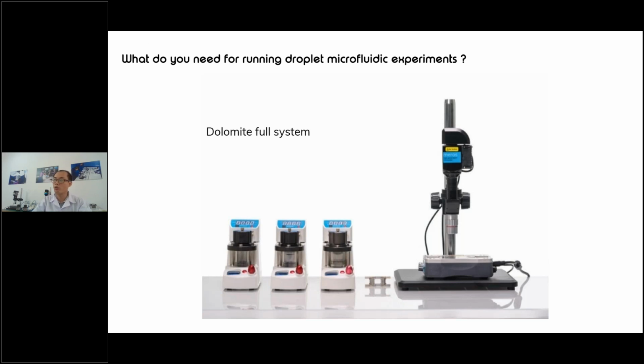It includes the pressure pump that can drive the fluid into the microfluidic chip using the pressure driving concept, and the microfluidic chip connects with the pressure pump through tubing and valves, and a microscope with a high-speed camera that can visualize all the processes inside the microfluidic chip.